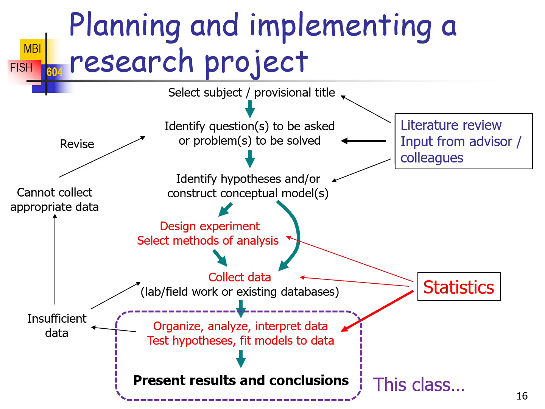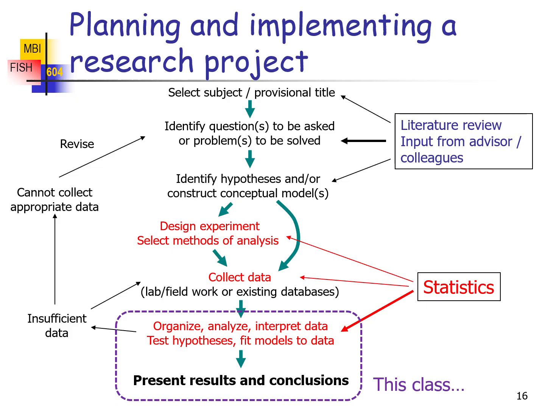A lot of times, or sometimes, it might turn out that you can't quite answer the questions that you started out with, so that may require an iterative process. If you have insufficient data, you may have to go back and collect some more data and redo your analyses with more data. Hopefully that'll solve that shortcoming. Or you can simply not collect the appropriate data.